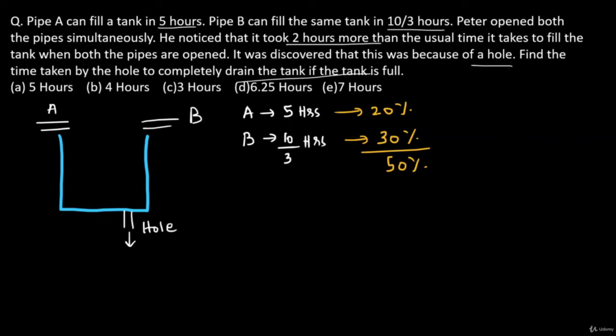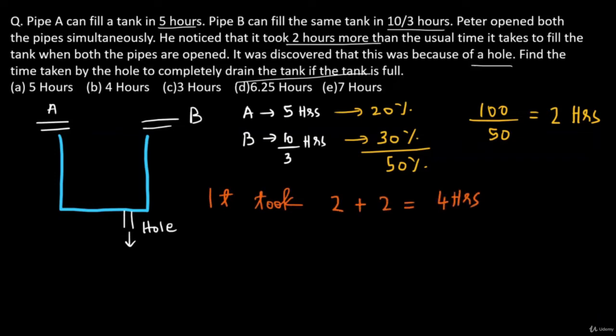And on a normal day, to achieve 100% of the tank being full, that would require 100 by 50, which is equal to 2 hours. Alright, now on the special day, it's taking 2 hours more, right? So it took 2 plus 2 hours, which is 4 hours.